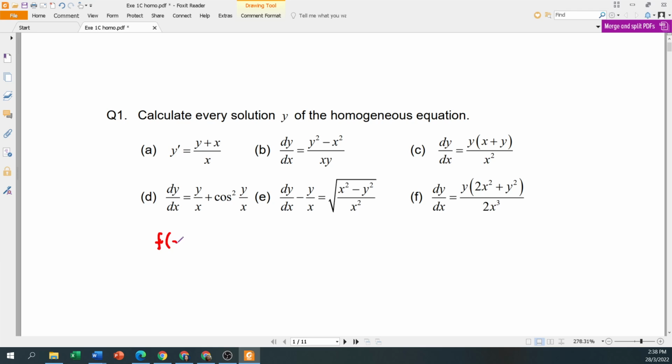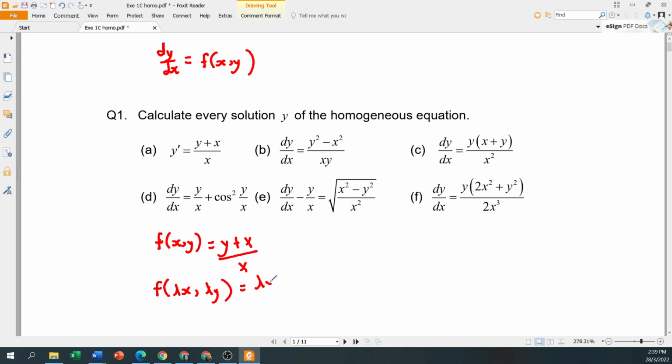You have f(x,y) when you have the form dy/dx equal to f(x,y). So the f(x,y) in this case is y plus x divided by x. The proper way to show that this is a homogeneous equation is to replace x by lambda x, y by lambda y. So you see lambda y plus lambda x divided by lambda x.